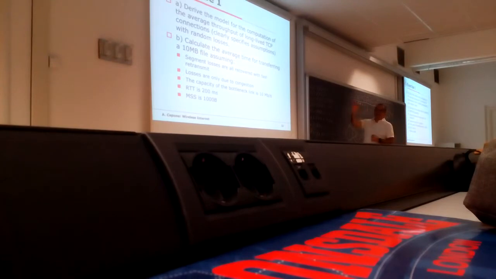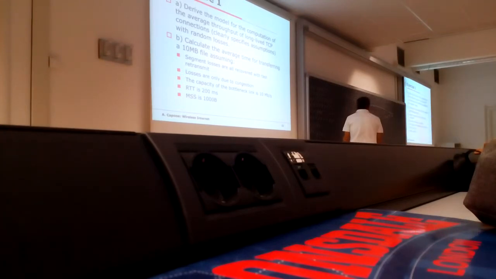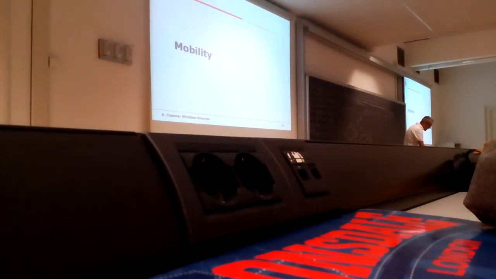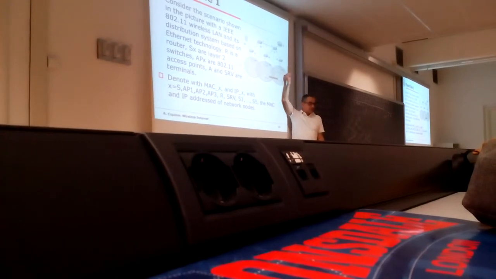Now we have other exercises for this. When you have a gratuitous ARP reply, which is sent out of access point 3 with source address MAC A, it's like any packet of layer 2.